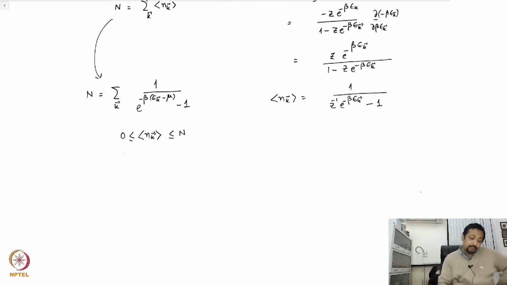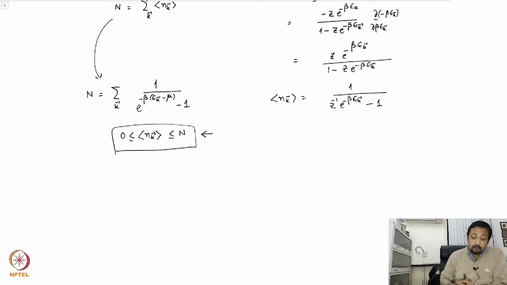Since I have this restriction that the occupation number in an energy level must be greater than 0 and less than or equal to N, right? It cannot be more than N, of course, because you have a total of N particles.